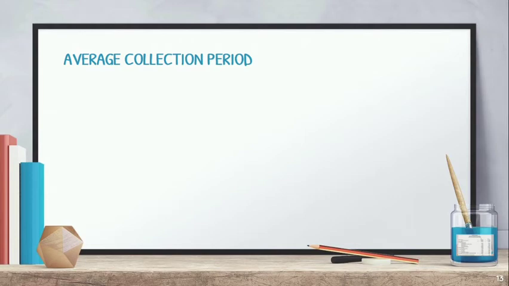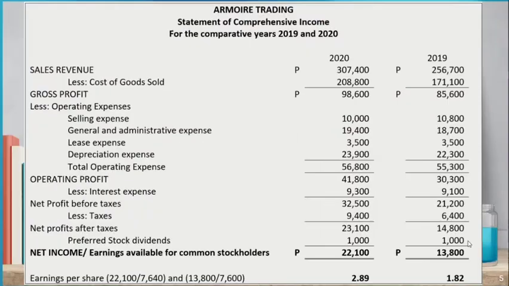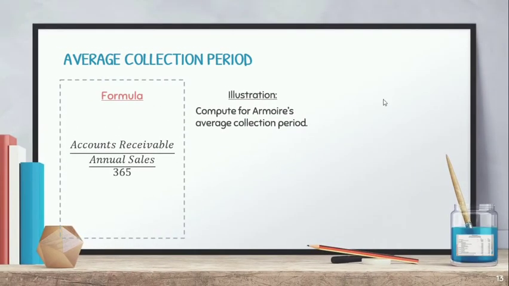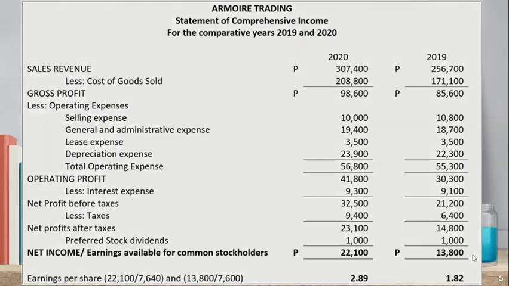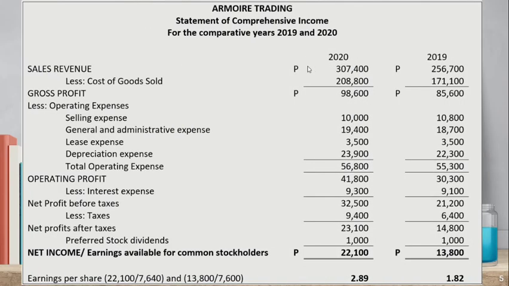Then next we have average collection period. So average collection period measures the number of days to collect a receivable. So ang atong formula, accounts receivable divided by annual sales over 365. So, computing the ACP of our Morse, we should get our annual sales, kani 307,400. Unya ang atong accounts receivable nato kani 50,300.